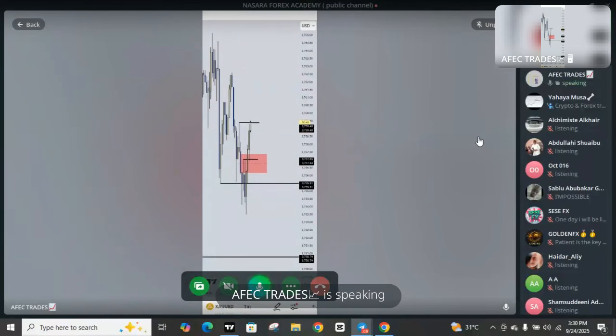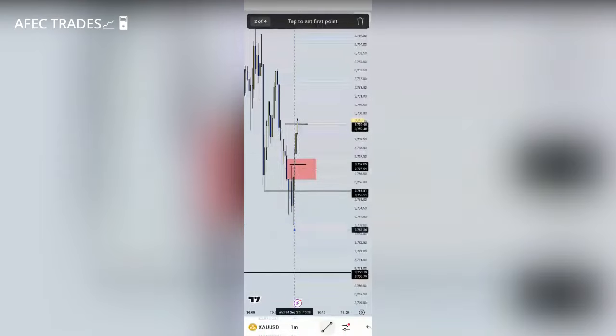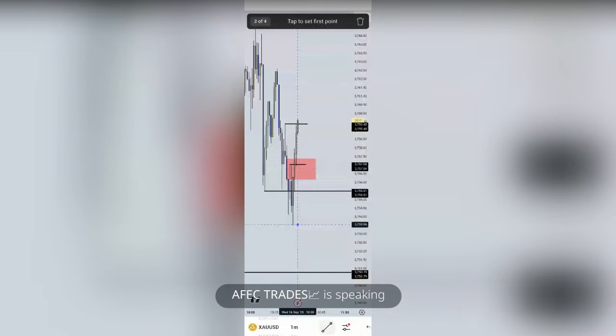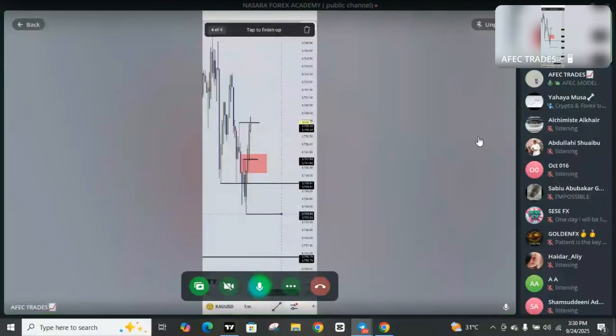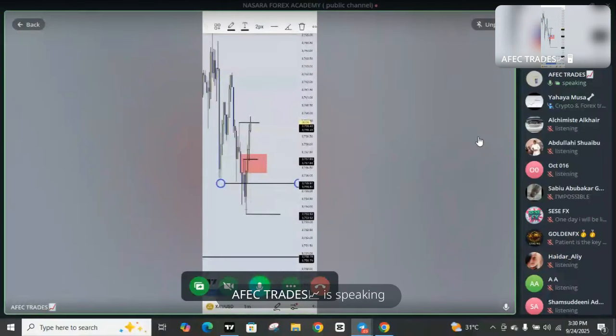So let's see how price closes above the high. If we can get a trade to this low and then this low, which we have to target right now.